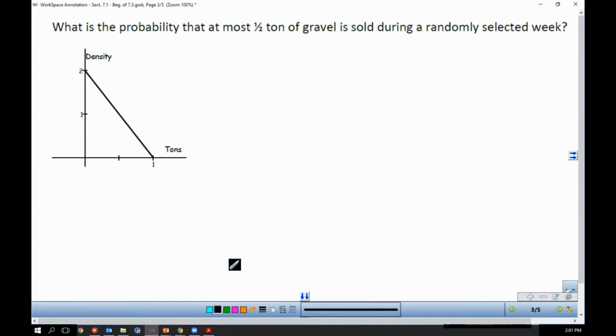Okay, what's the probability that at most half a ton of gravel is sold during a randomly selected week? So what we want to do here is find the area under the curve as long as x is at most, so less than or equal to 1/2.